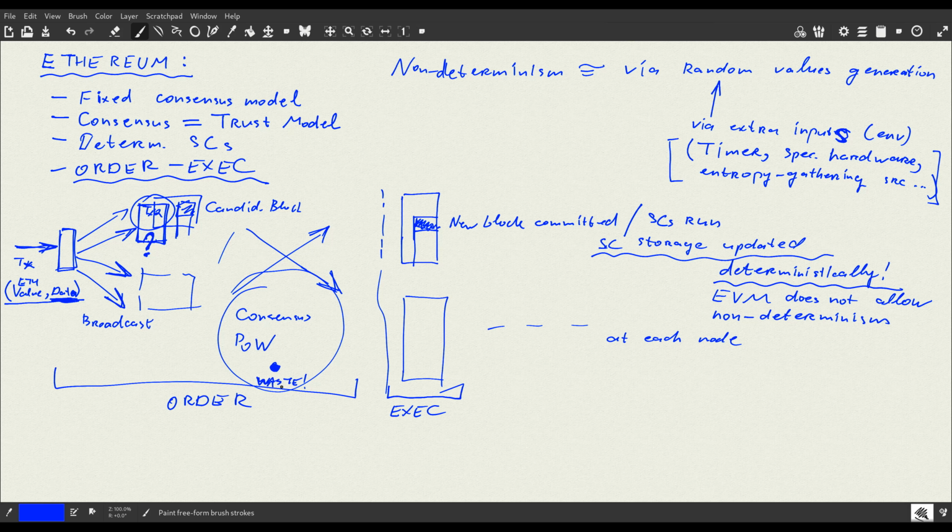So that's why we need to run it on a few machines. You are right. So there was already a big waste of computational resources here in proof of work. There is a second waste here in smart contract execution. But when we start thinking about it, it appears that we can't do it otherwise.